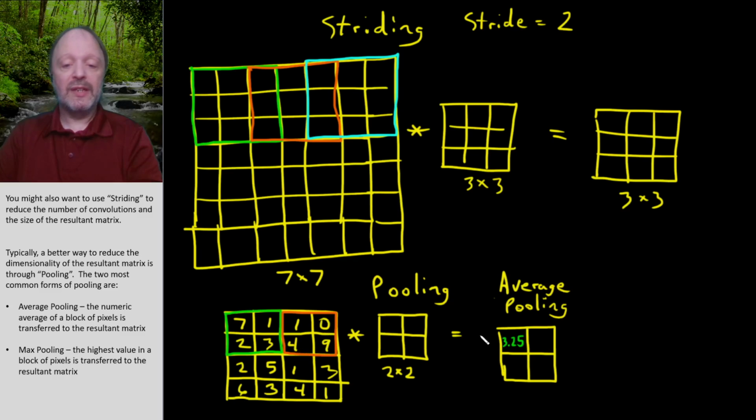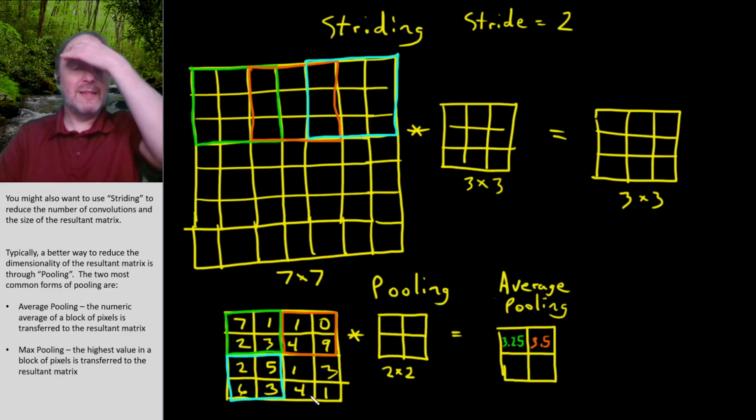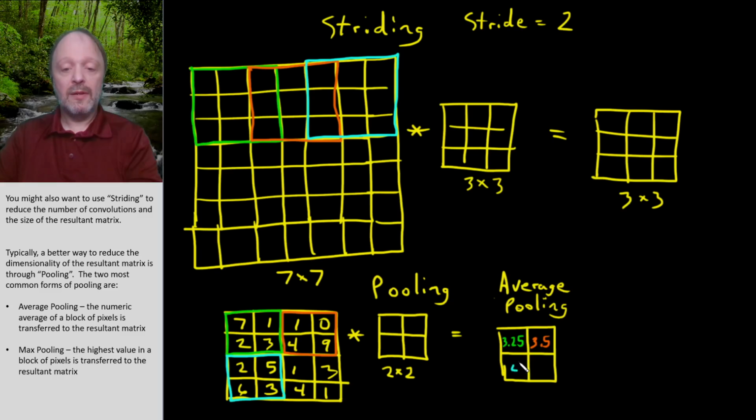That's 10, 14, that's going to be 3.5, right? And then likewise, if we come down here, this one is going to be, what, 7 plus 9, 16, so that's going to be 4 even. And last but not least, for these bottom four, we have 2 plus 7 is 9 divided by 4. What is that? 2.25, something like that.